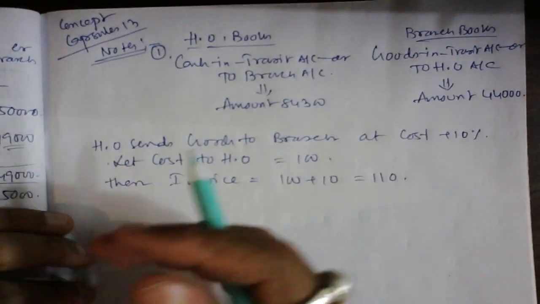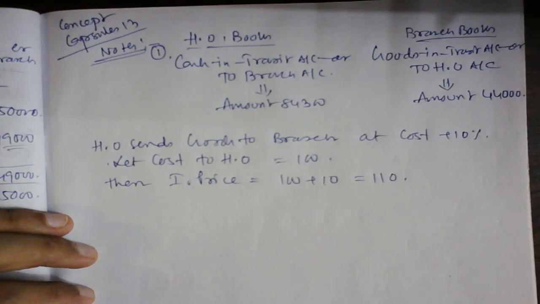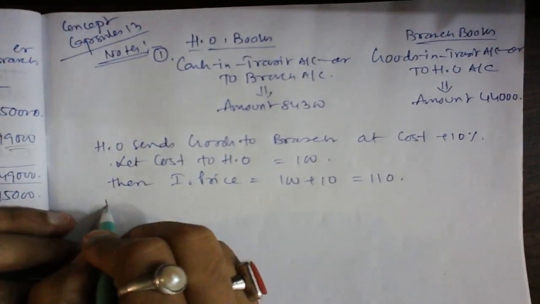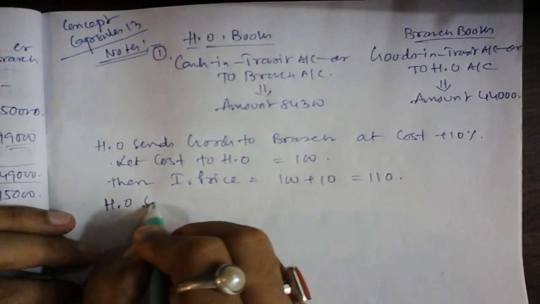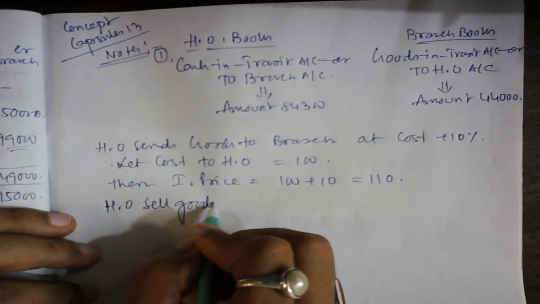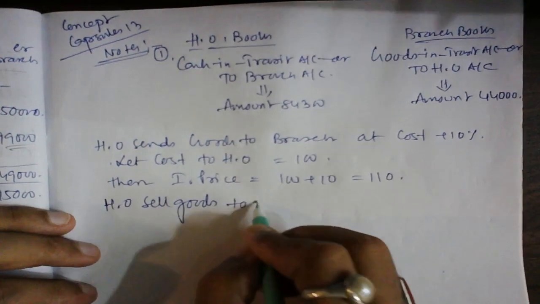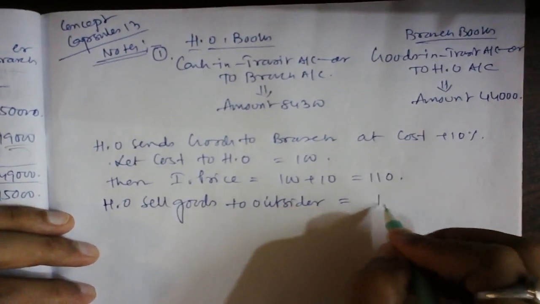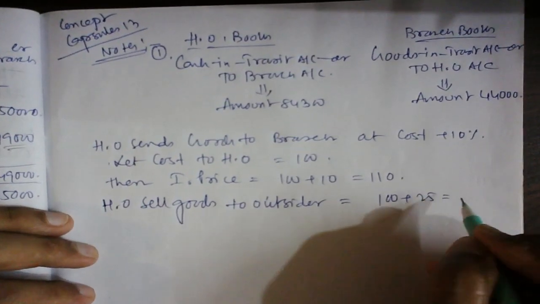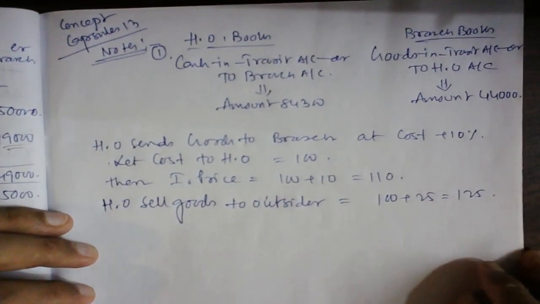After this what we need to do, HO sells goods to others or to outsider, लिखिए अच्छा रहेगा, to outsider cost plus 25% means 125. Perfect.